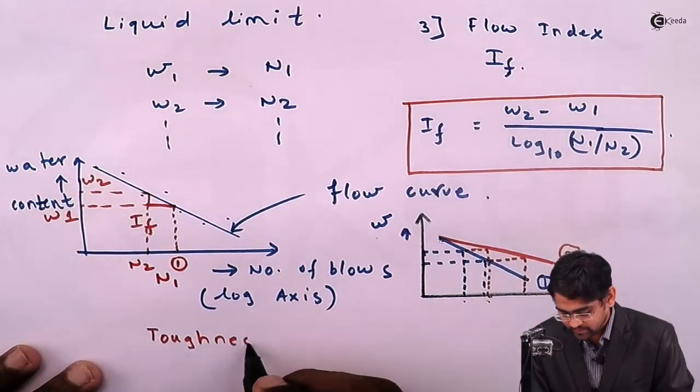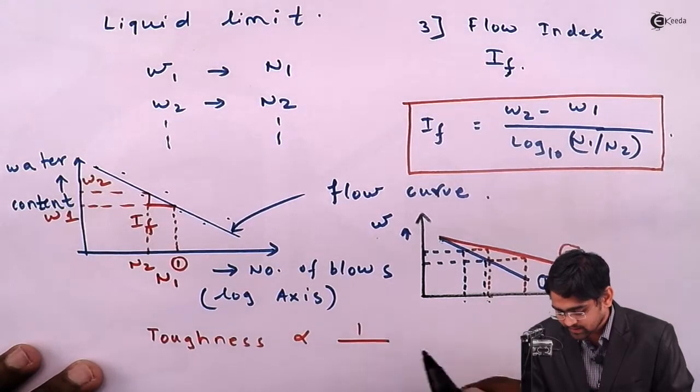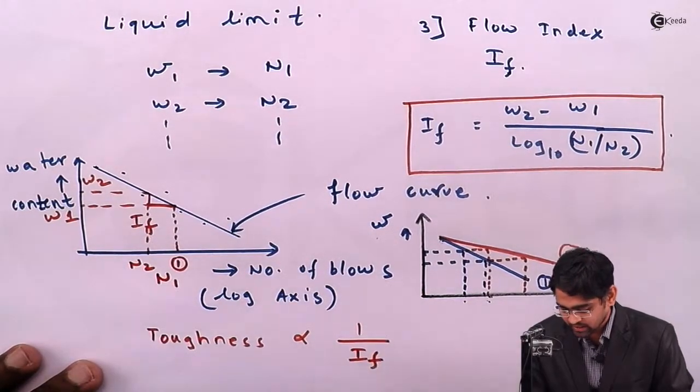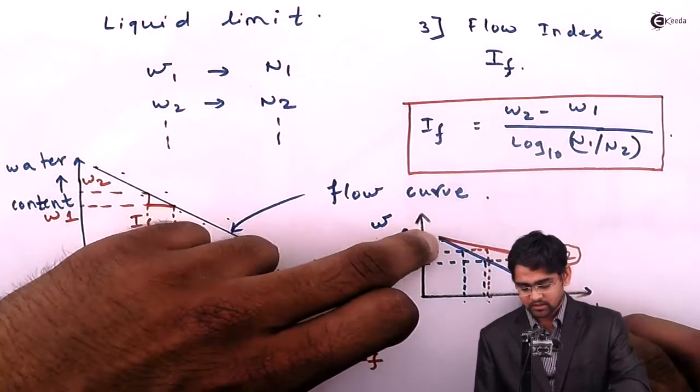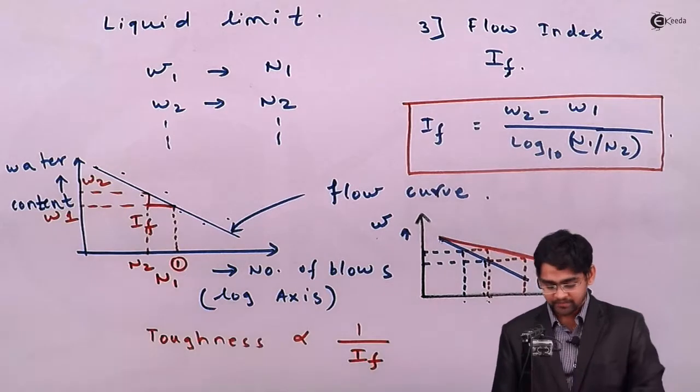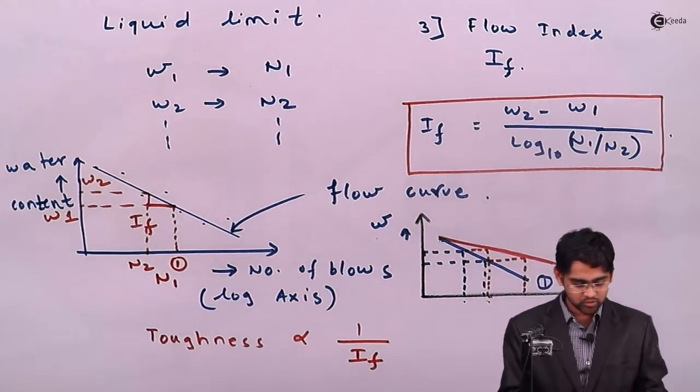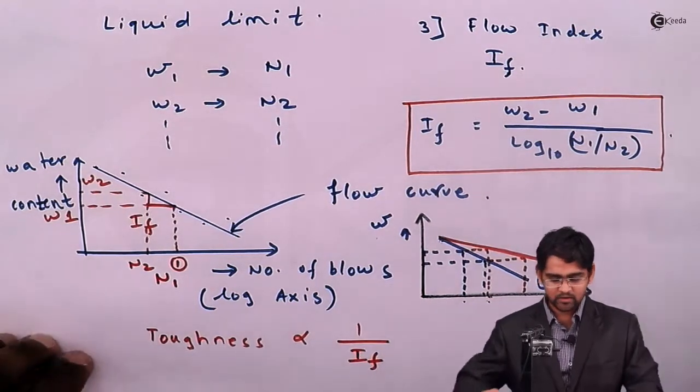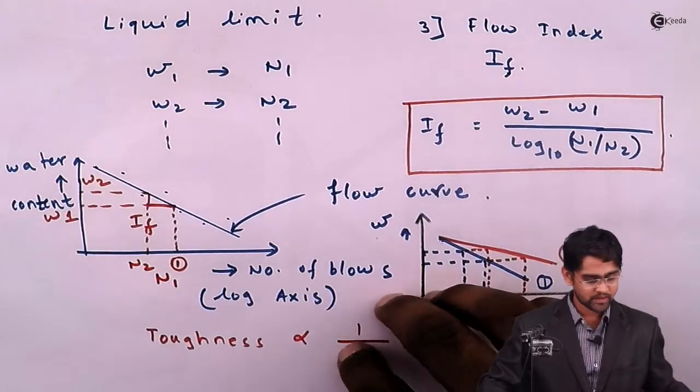So toughness of a soil is inversely related to the flow index. That means as this curve becomes less steep or flatter and flatter, the toughness of a soil goes on increasing. That's what is interpreted from this particular point of time.